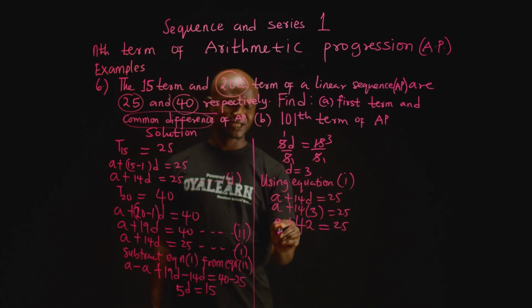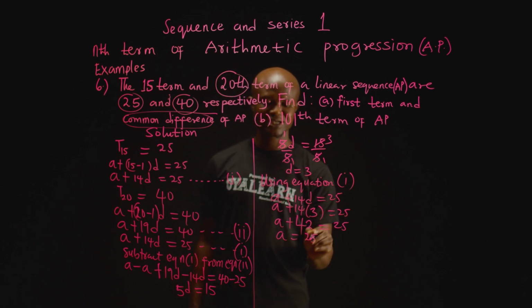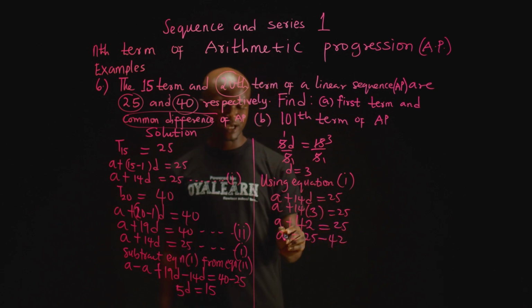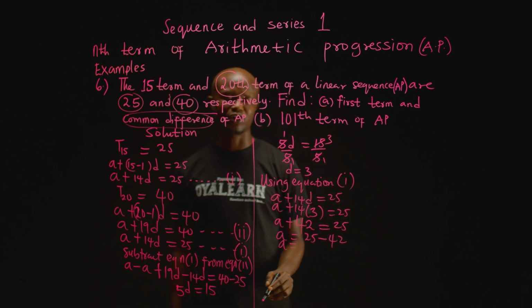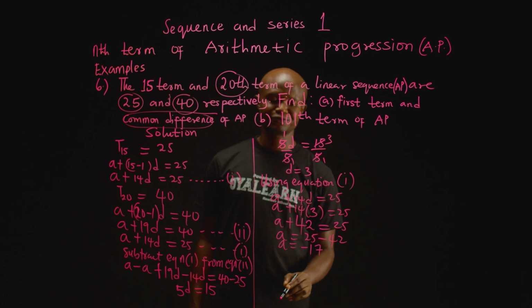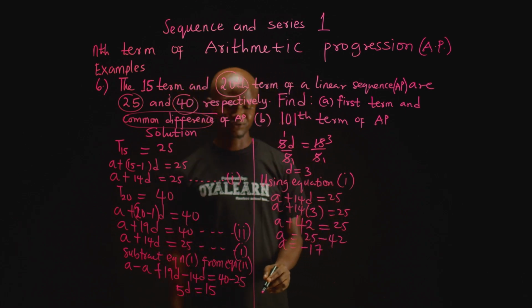Now A will be equal to 25 minus 42, taking 42 to the right. 25 minus 42 will give us minus 17. So the first term of the AP is minus 17.